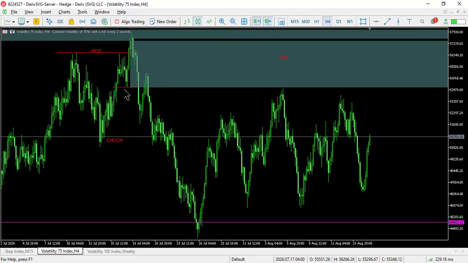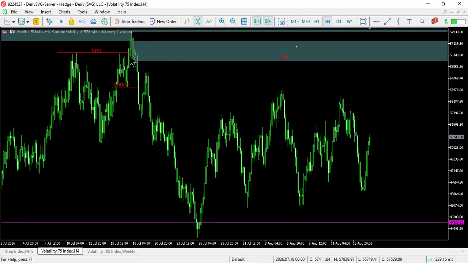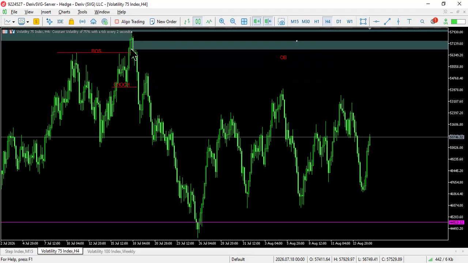Change of character. And then the order block which caused the change of character in the 4 hours time frame will be at that level right there.